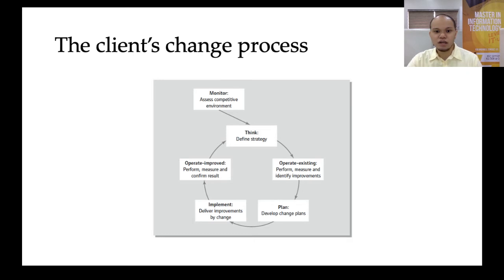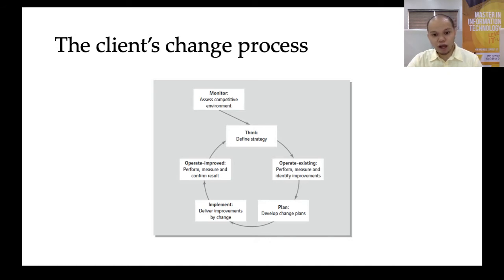And then they move to the operate existing stage. So this is where they perform, measure, and identify improvements. So giving life to the strategy, to the approach that they crafted during this think step.